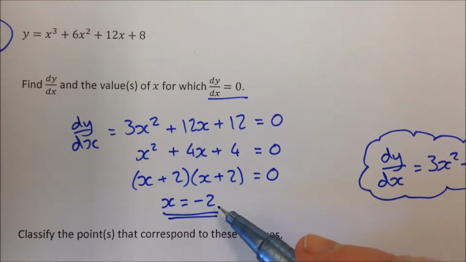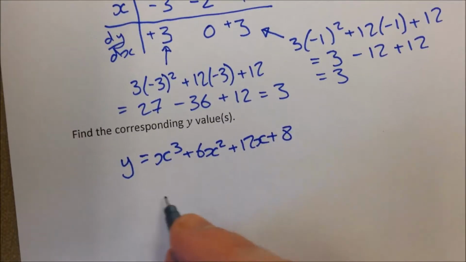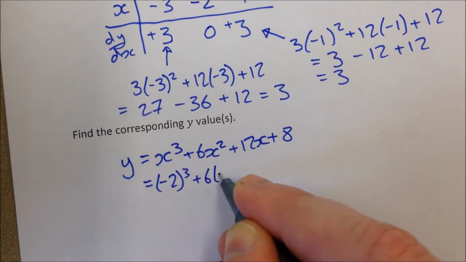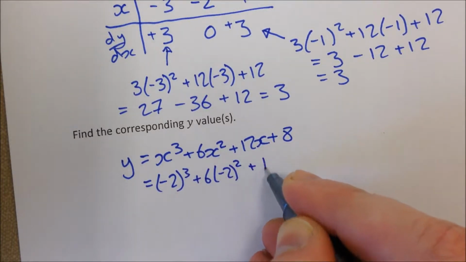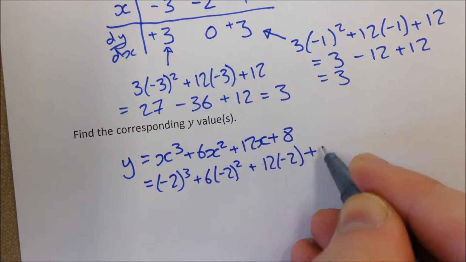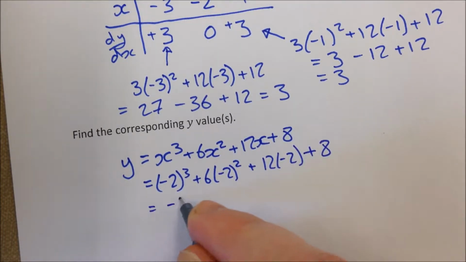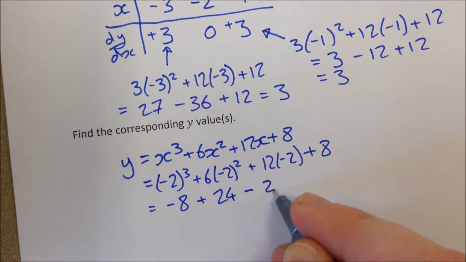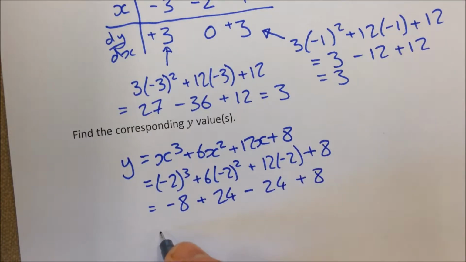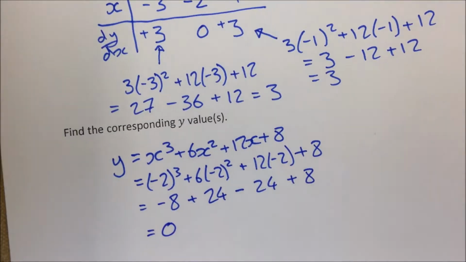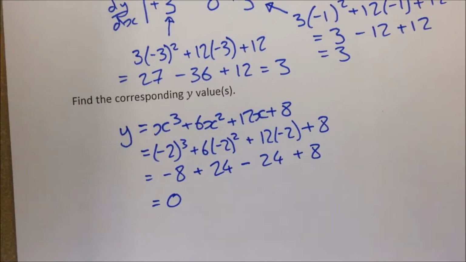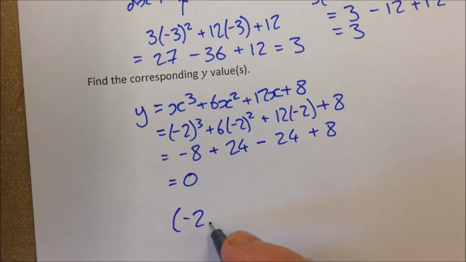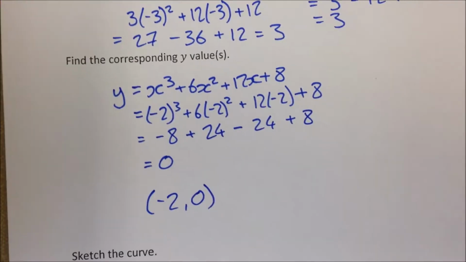So x is negative 2, we can put into here. So that gives us a y value of 0. So your coordinate then is going to be negative 2 was the x value and 0 was the y value.